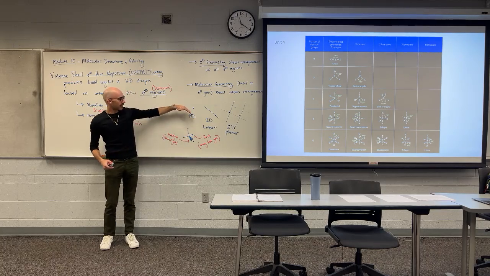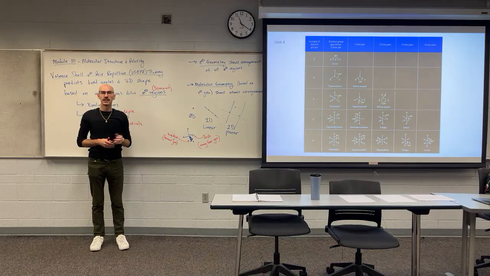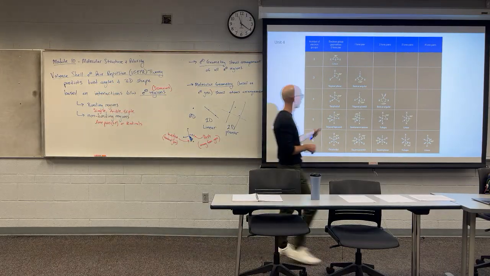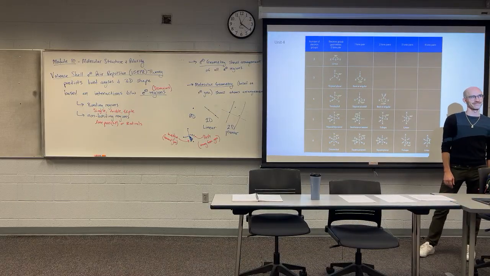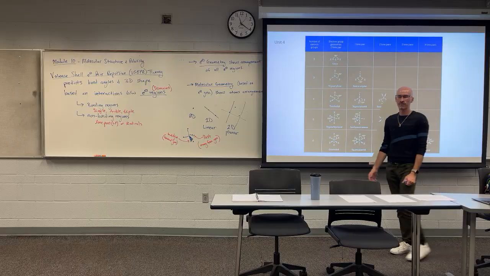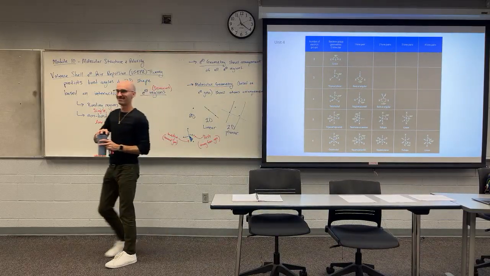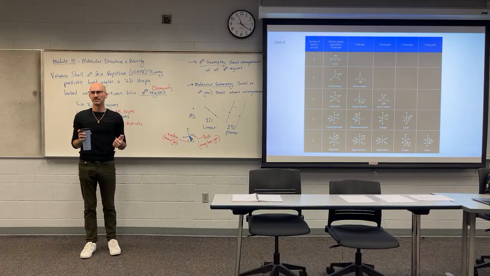Now, I think that linear and trigonal planar, those names make sense. But the name for this four-sided shape is called tetrahedral. Does that mean anything to anybody? Tetra is 4? How do you know that? Did the reading. There's actually a very common game that tells you that 4 means tetra.